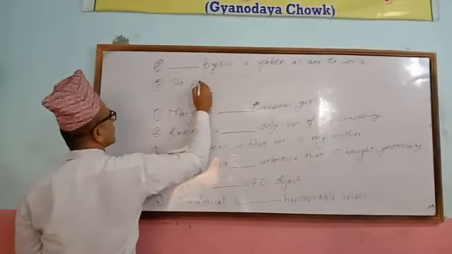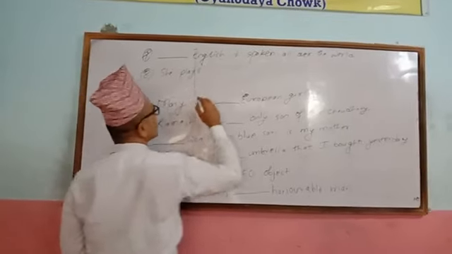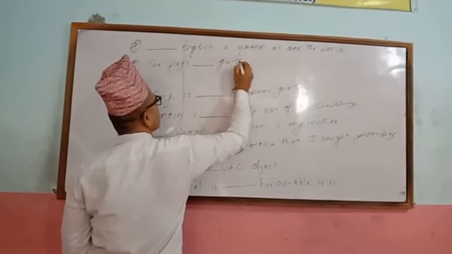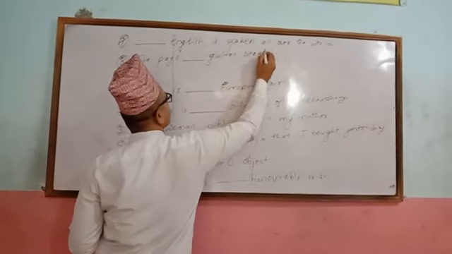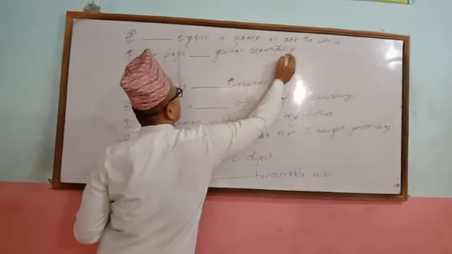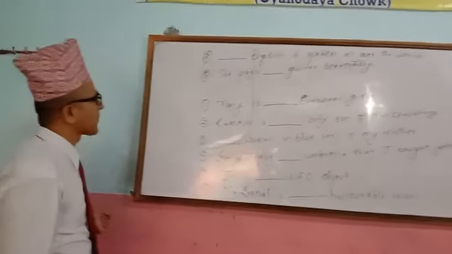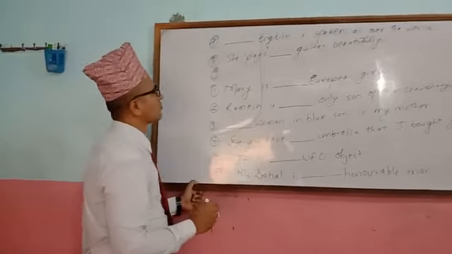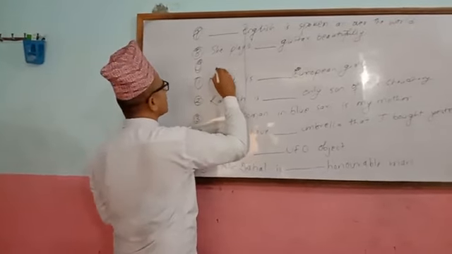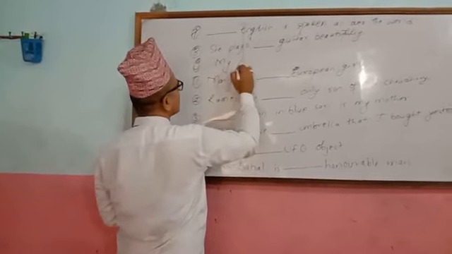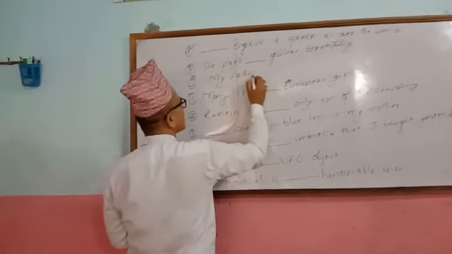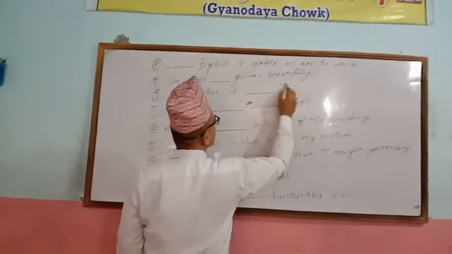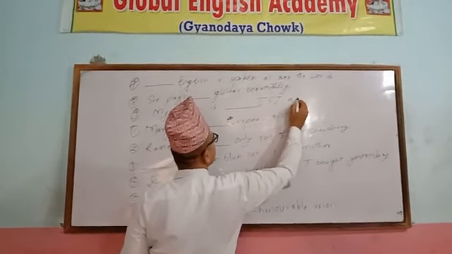Eight: She plays the guitar beautifully. Nine: My father is an ISI agent.